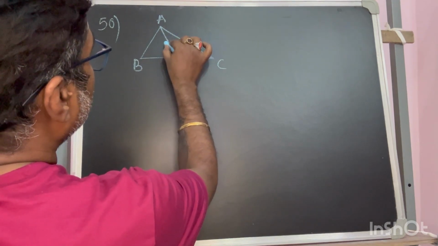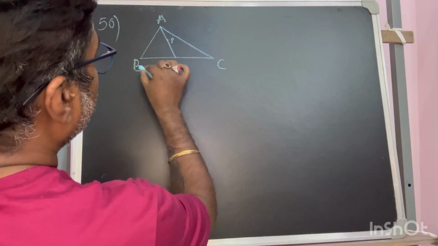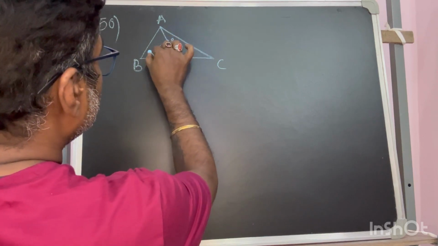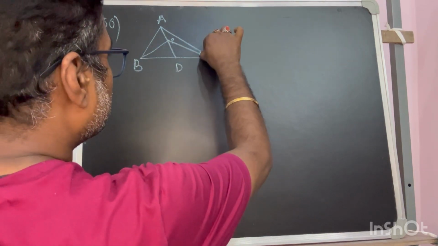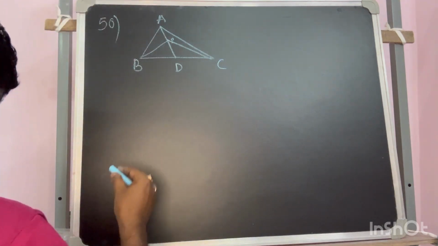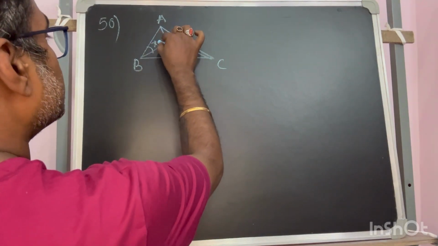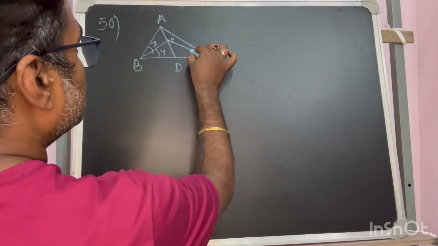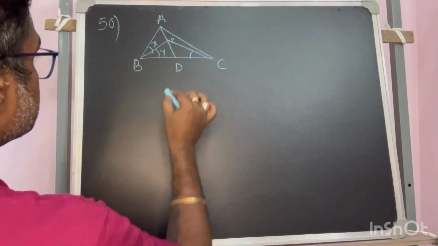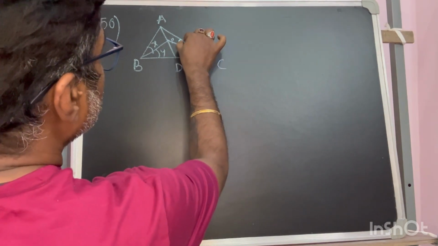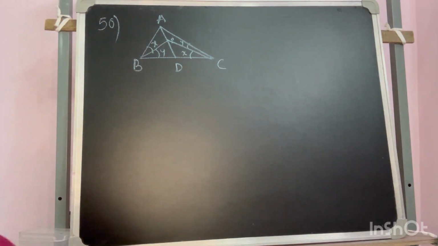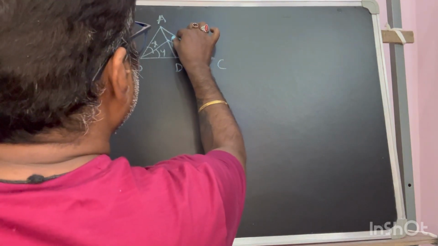There is a point P on this AD, and if I join, this will divide the angle such a way that if this is X and this is Y, then in the other case this is X and this is Y, and this is your P point.